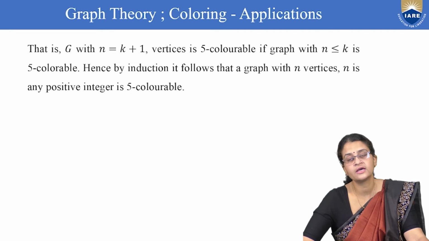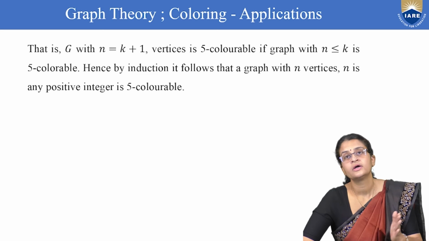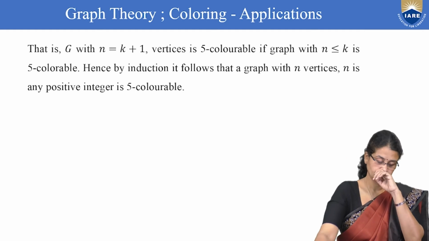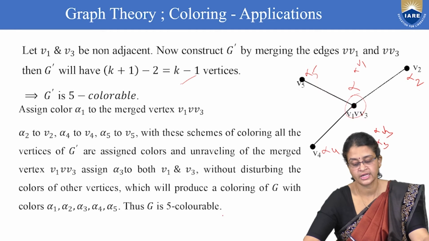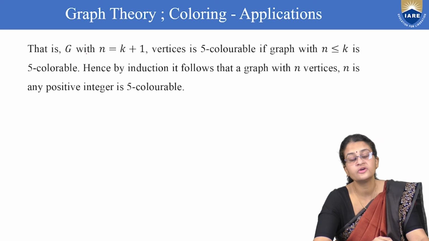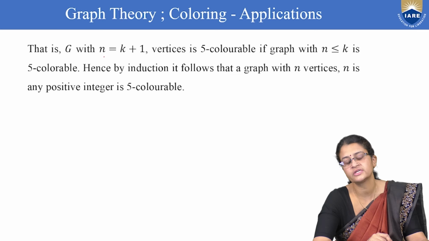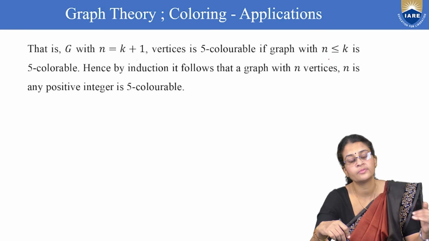Hence, we have taken G with n equal to K plus 1 vertices, and G is 5 colorable if a graph with n vertices less than or equal to K is 5 colorable.